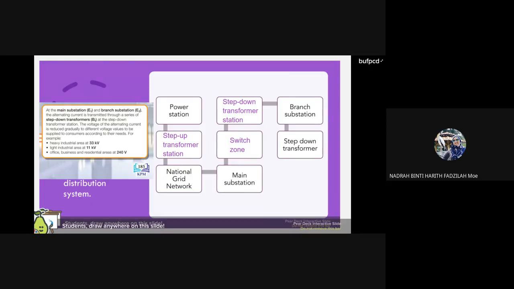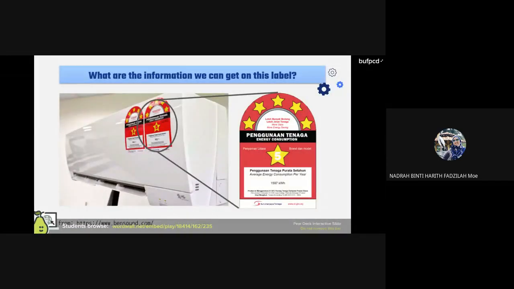In the first slide, this is an example of a sticker that we can see when we go to an electrical appliances store, especially when we want to survey or buy new electrical appliances.